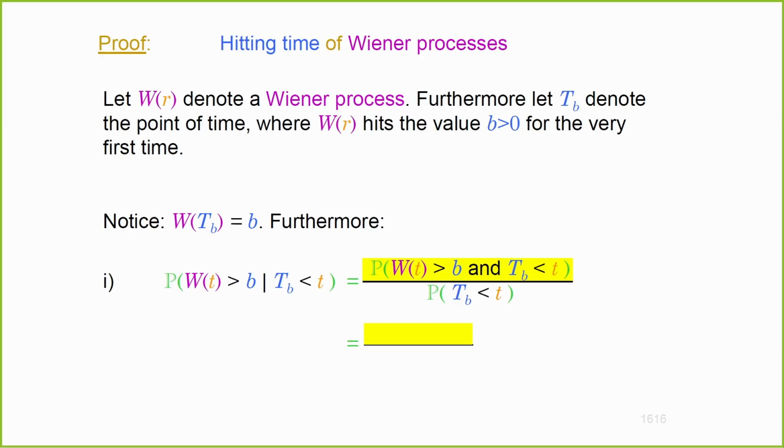Therefore, the probability of the intersection degenerates to the probability that the Wiener process is already greater than b, because if it's already greater than b, what we definitely know for sure, at least with probability 1, is that it had hit value b already. So the hitting time was prior, that's for sure. If this is true, this is also true, so this is a subset. That's the implication we got already.